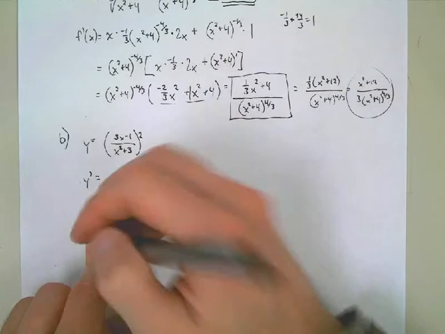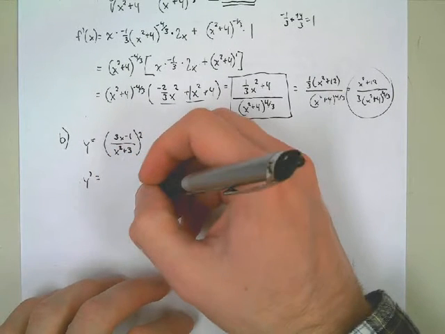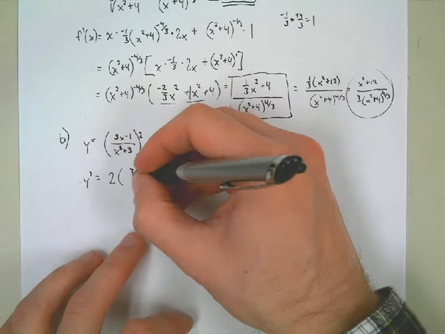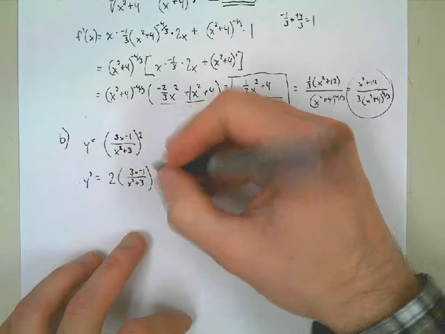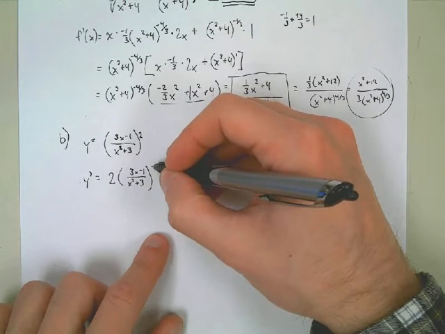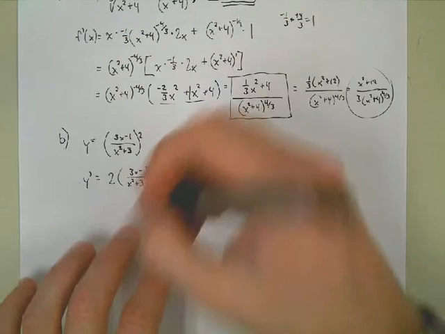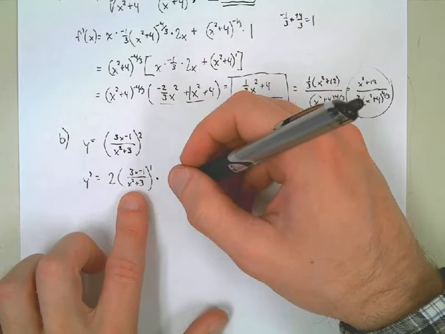What is the derivative of something squared? 2 and then that something. So the 2 comes out front, times that something to the what power? To the 1, times the derivative of what's inside. When I go to take the derivative of what's inside, we have to use the quotient rule.